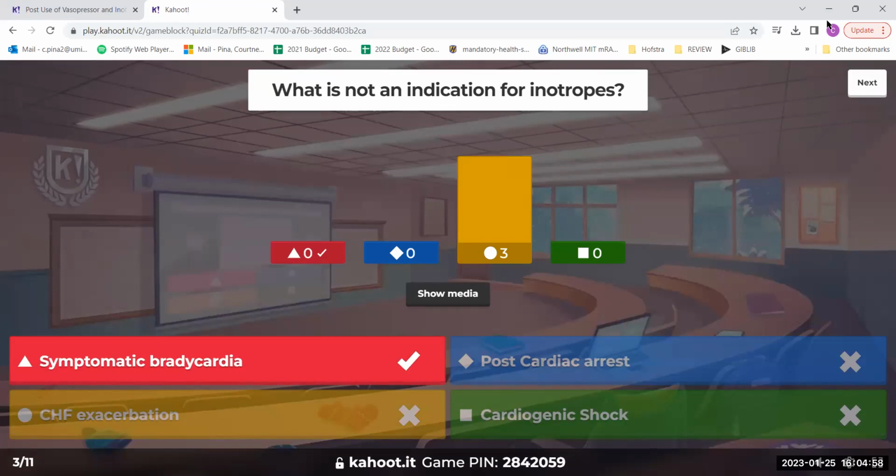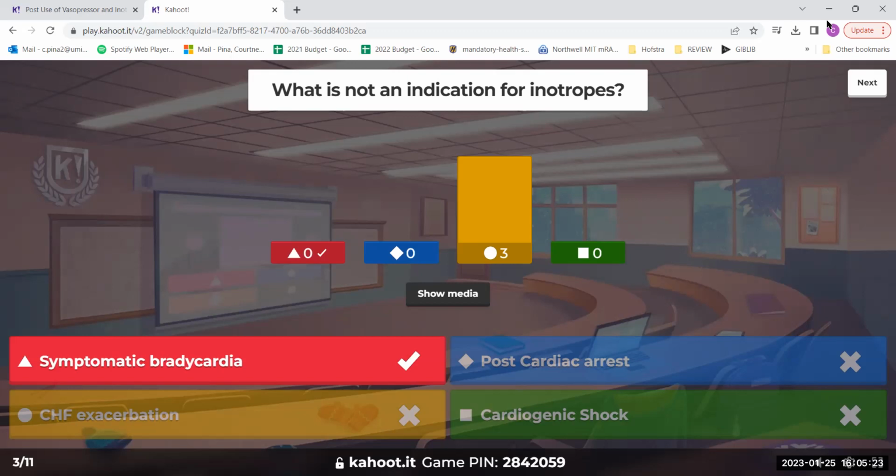Sure. Remember, the inotropes are mostly agnostic to your heart rate. There are some adverse effects on the heart rate, but in the majority of instances, you would not have any effect on your heart rate.